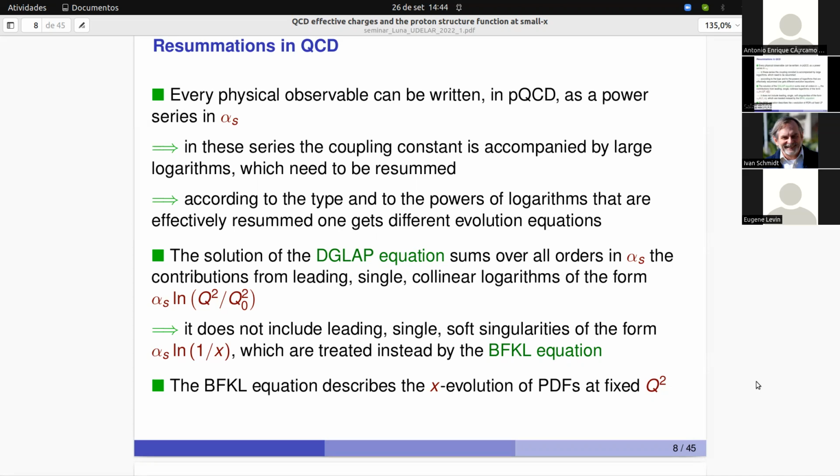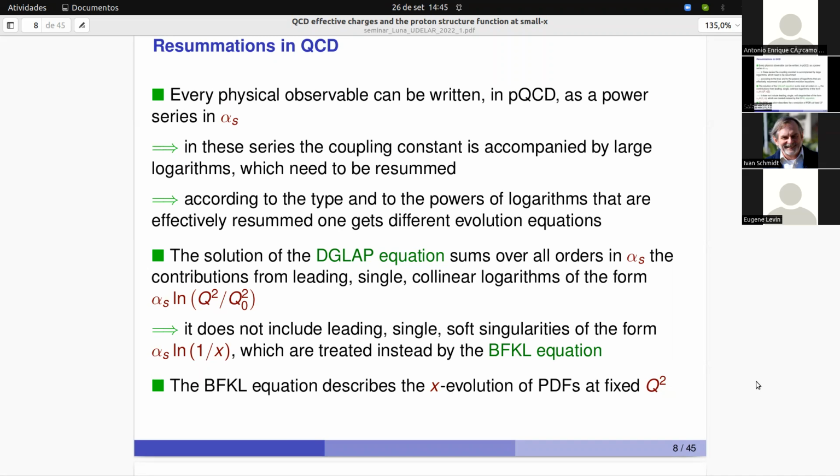But DGLAP does not include the other kind of singularity, a soft singularity, another type of logarithm that is proportional to the inverse of the Bjorken scale variable x. And for this we have to use the BFKL equation.